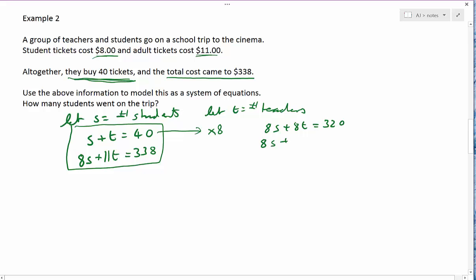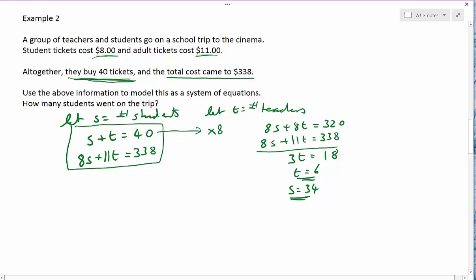However, we have 8S plus 11T equals 338. The difference in these two is clearly the second one has 3T more, and it is causing a difference in cost of $18. So T must equal 18 divided by 3, which is 6. In other words, the number of teachers is 6. And altogether, if there were 40 people, then the number of students must equal 34. So the answer is 34.